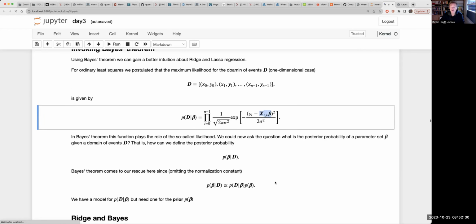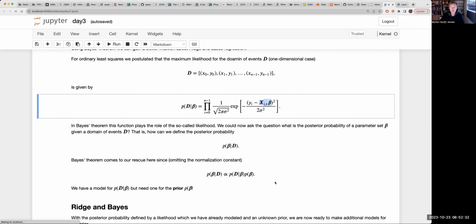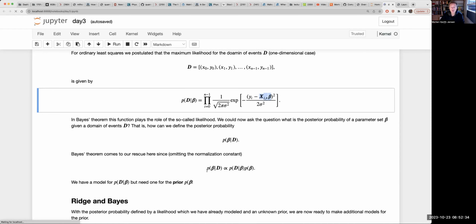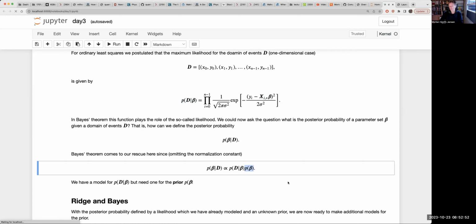Now, what we can do is to ask ourselves, what is the probability of these parameters beta given the input and output? So that means that we can use Bayes' theorem, where we use the result you see here and multiply that with a prior for the parameters beta.